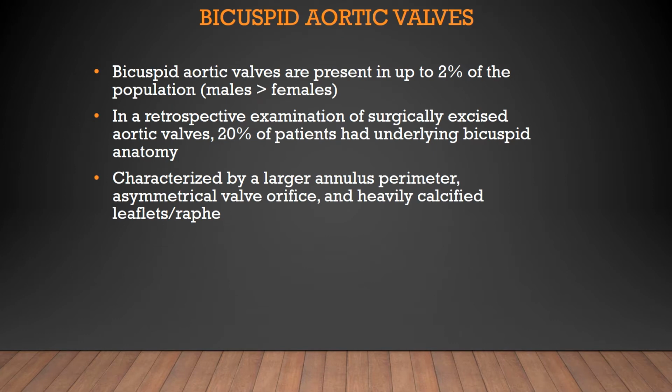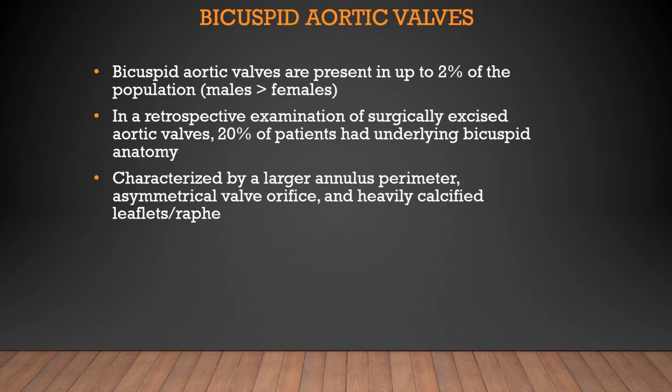So, bicuspid aortic valve certainly is present in up to 2% of the population, and males certainly have more bicuspid aortic stenosis than females do. And in retrospective examination of surgically excised valves, it appears that 20% of patients have underlying bicuspid pathology. Now, what is this characterized by?